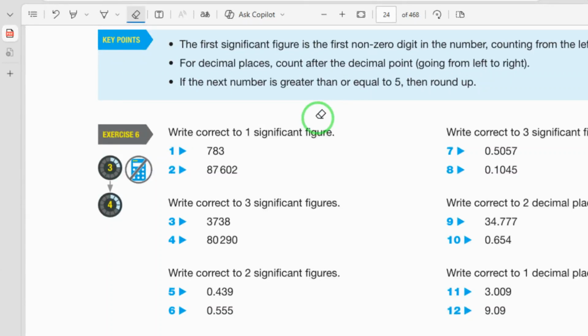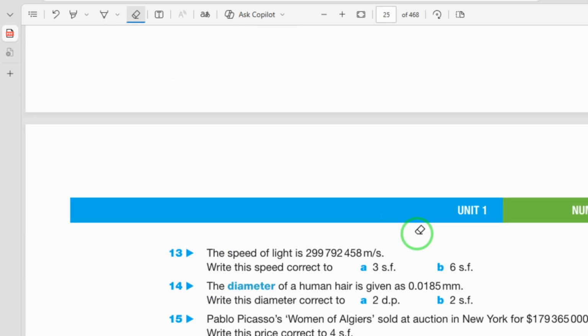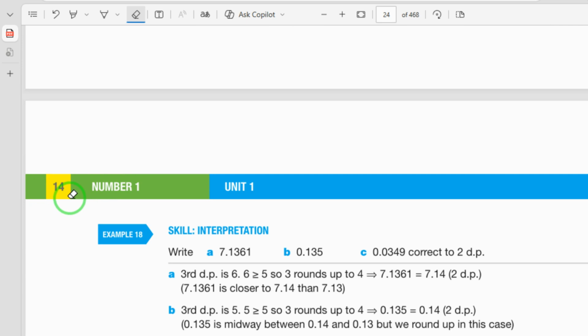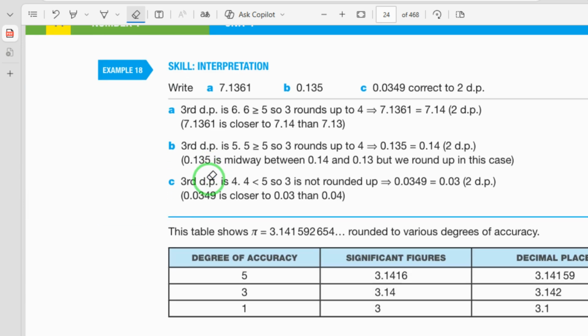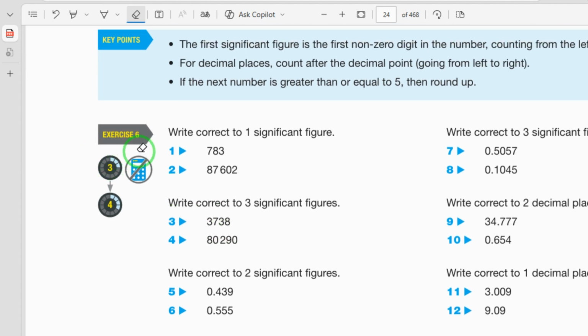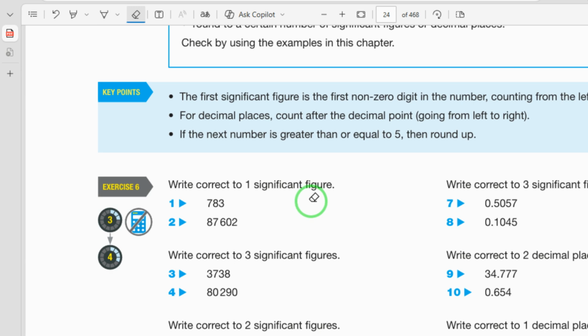Today we are going to work out the 6th exercise from page 14 of the Excel Pearson book. Exercise 6 is about significant figures and decimal places.